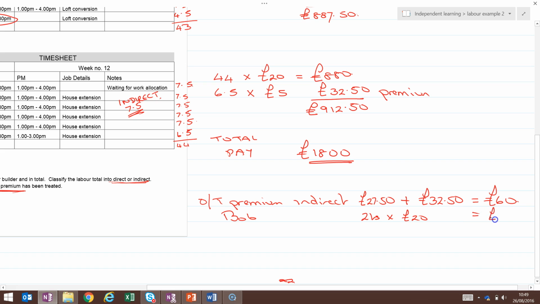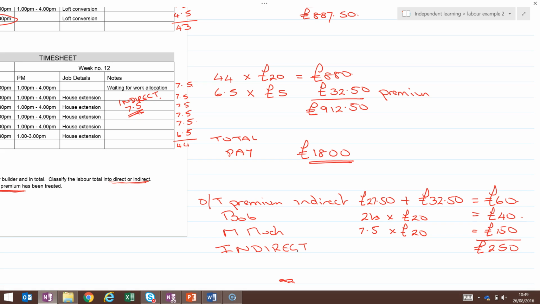That was indirect work. And for Mr Much, there was 7.5 hours for which he was paid £20 an hour, which again was indirect work. So totalling that up, indirect is £250.